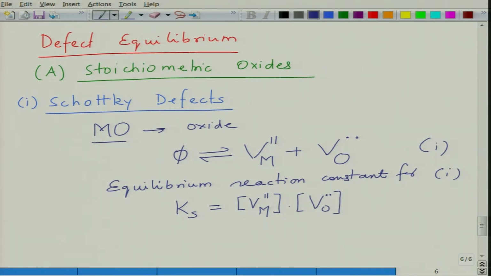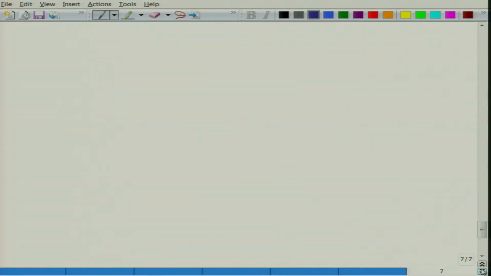We could have written it in terms of activity, but let us say it is a 100% activity kind of system. The square brackets denote concentration. The equilibrium constant for a given reaction can also be expressed as follows.